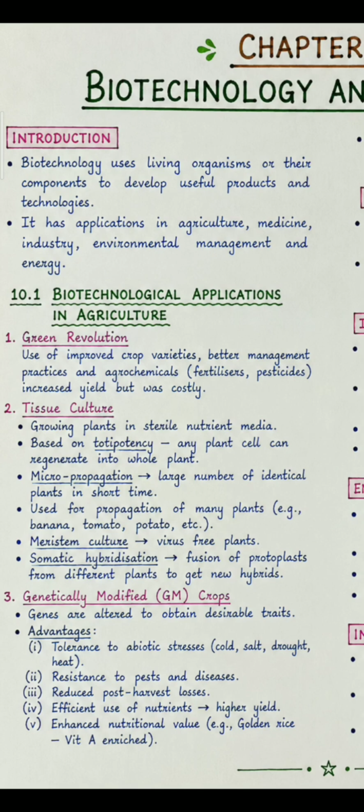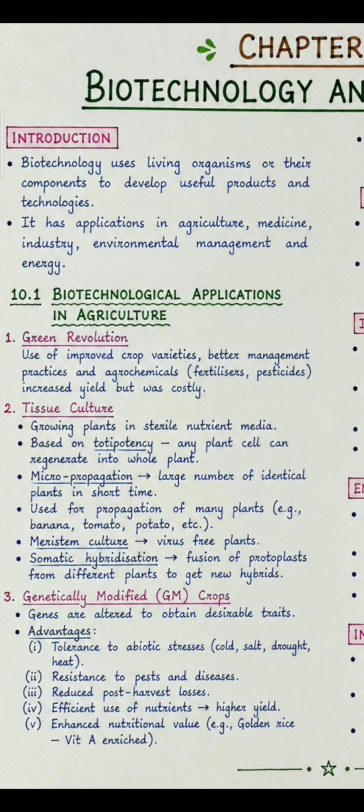And next is genetically modified crops. Genes are altered to obtain desirable traits. Plants, bacteria, fungi, and animals whose genes have been altered by manipulation are called genetically modified organisms. These are the uses of genetic modification.